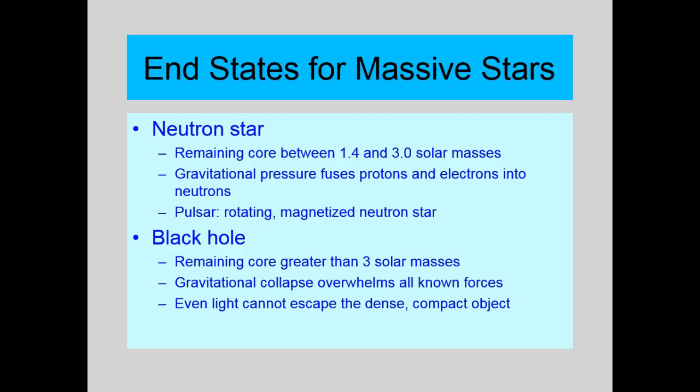Now, let me explain what a neutron is. Okay, a proton is a positively charged nuclear particle. A neutron is a neutral, no charge nuclear particle. An electron is this tiny, tiny little thing that floats around, and it's a negative charge. Okay?